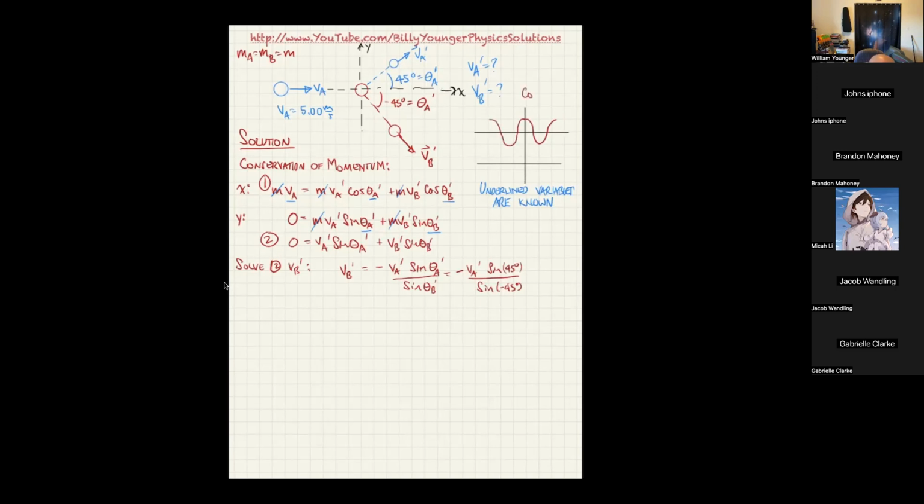So you get that the cosine of negative theta is equal to cosine of theta. But sine looks like this. So you get that the sine of negative theta is equal to the negative of the sine of theta.